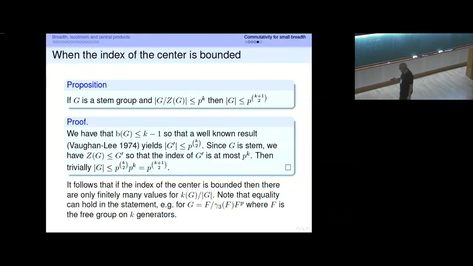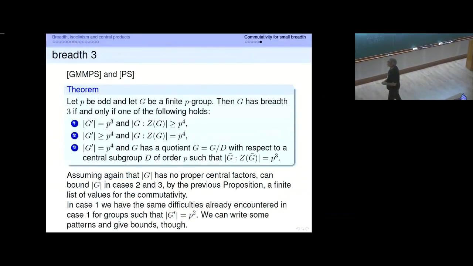And the last slide tells us something about breadth 3. I didn't put down a list of values for the commutativity because this is longer, of course. Things become more difficult here. Let me just say one short thing for each of the 3 cases.